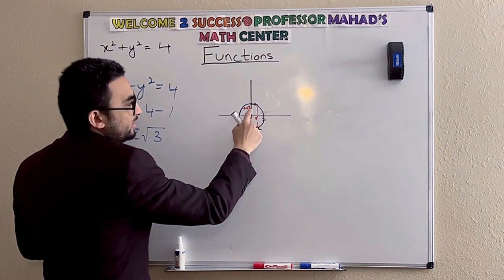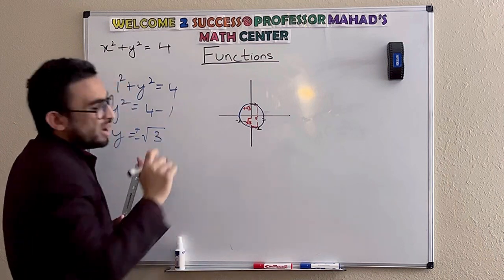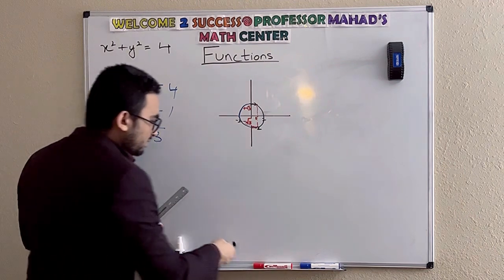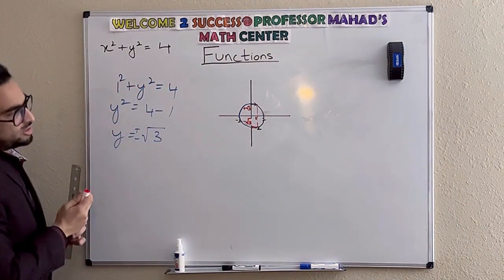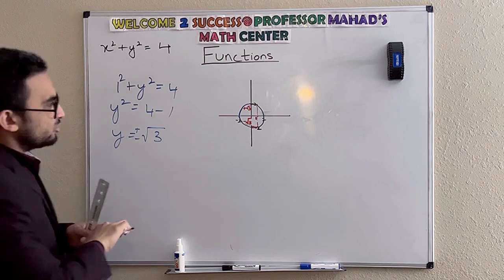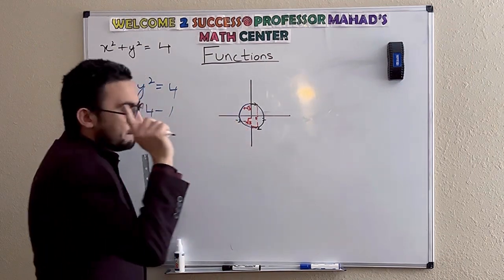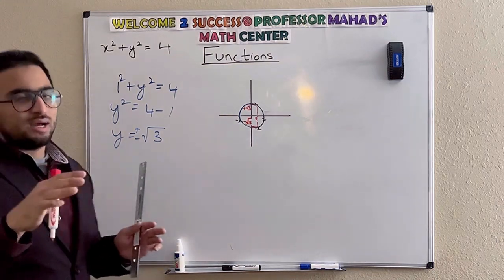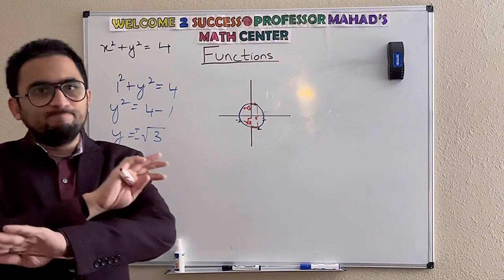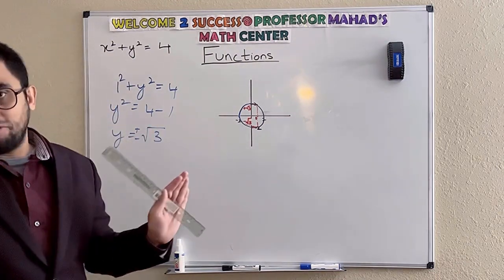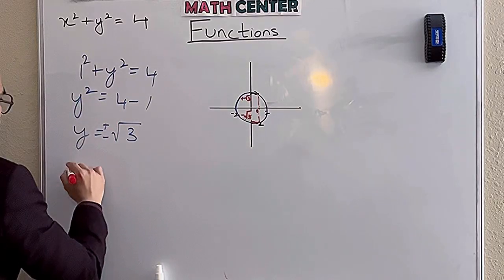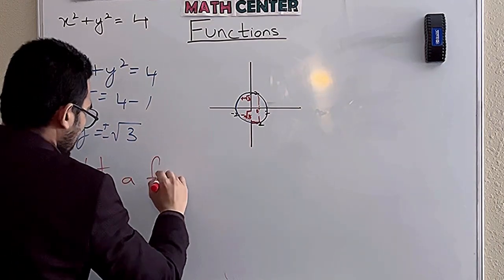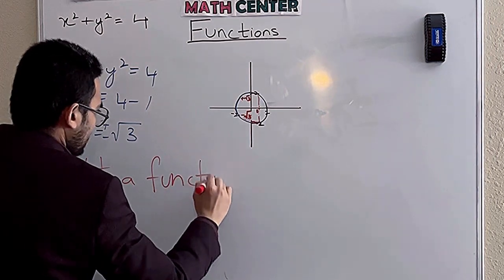Now here's the thing. One x value is having two y values. So therefore we cannot call this a function. Although there are some x values with only one y value, it does not matter. Even if one x value turns out to have more than one y value, you cannot call that a function. So, not a function.